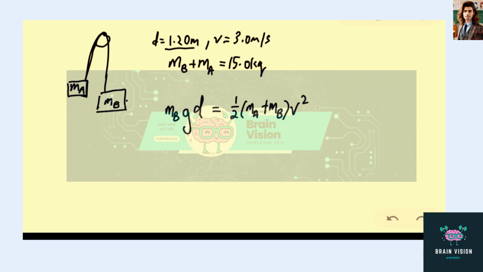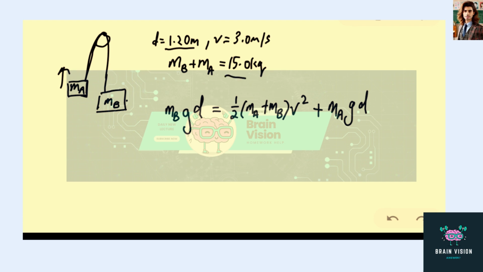They are traveling at the same speed because they're connected by the same string, and it is also converted into potential energy for our mass A because it moves upwards, right? So this is mA times g times d. So this is our energy equation.